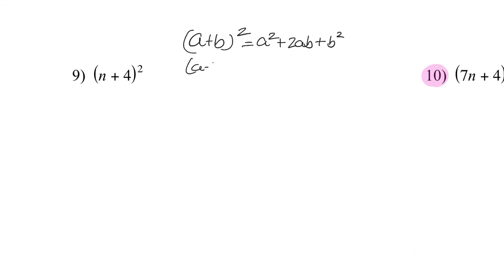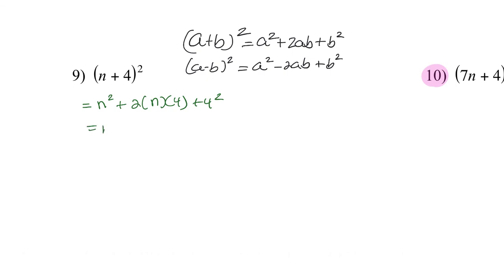And if it's a minus b squared, it's going to be the first one squared minus 2 times the first one times the second one plus the second one squared. So from here, I got the first one squared plus 2 times the first one times the second one plus the second one squared. That means that I got n squared plus 8n plus 16.